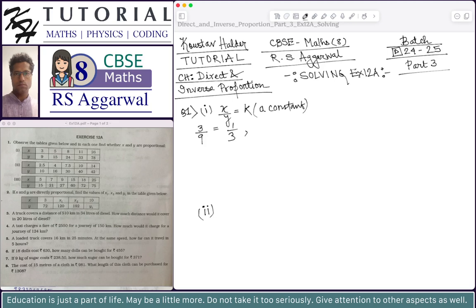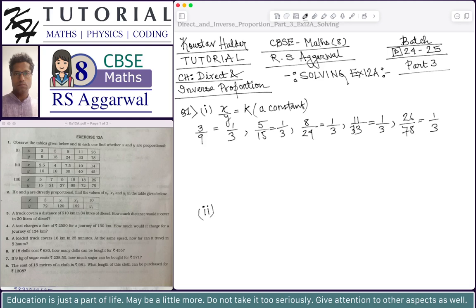Now let's see what is 5 by 15. 5 by 15 is also 1 by 3. 8 by 24 is also 1 by 3. 11 by 33 is also equal to 1 by 3, and finally 26 by 78 is also equal to 1 by 3.